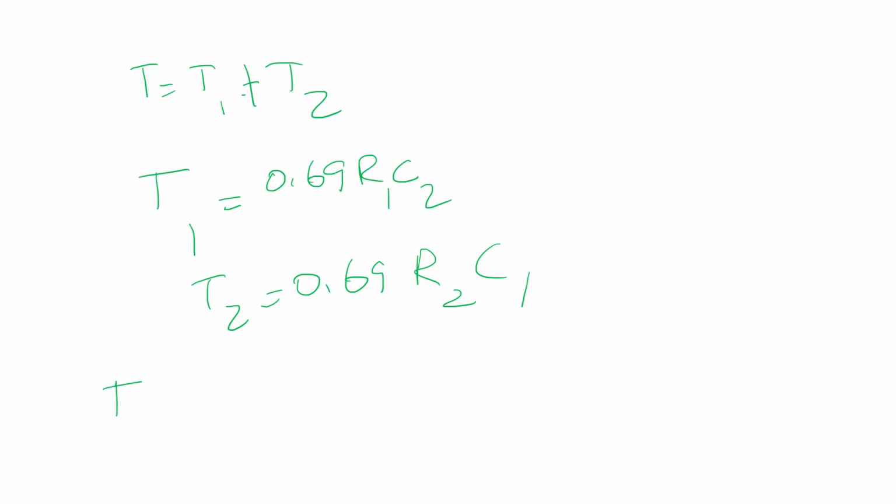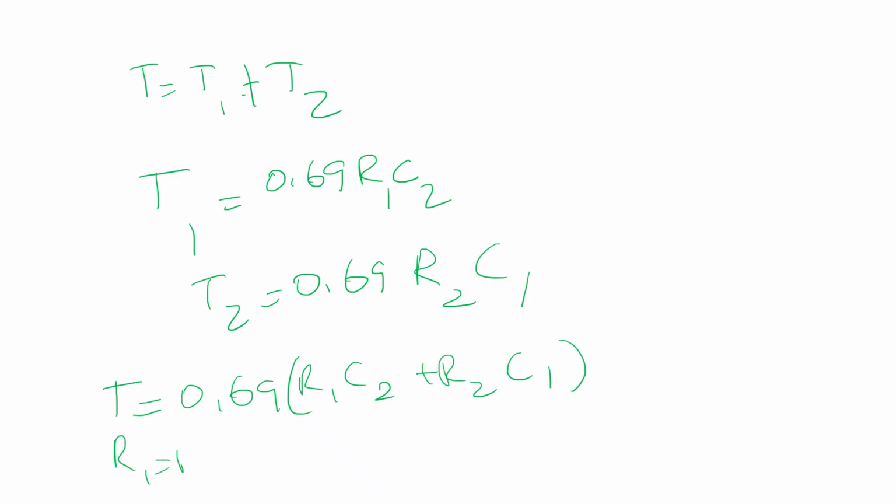Therefore the total time period that we obtain from the output waveform generated by the astable multivibrator is T equal to T1 plus T2 equal to 0.69 times (R1 C2 plus R2 C1).